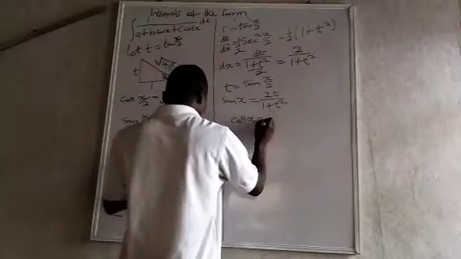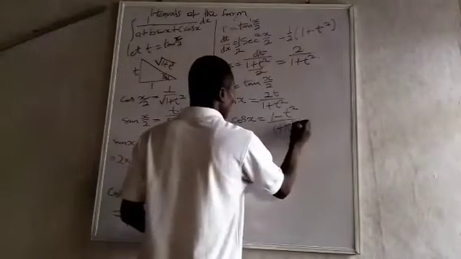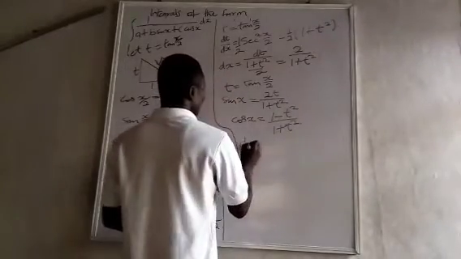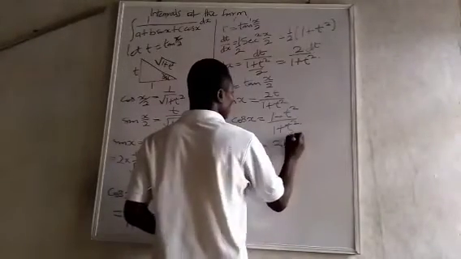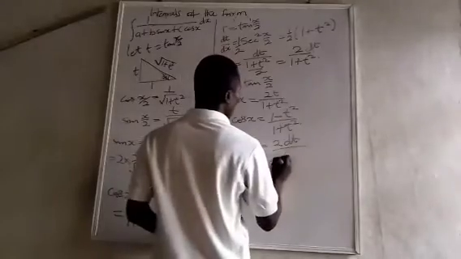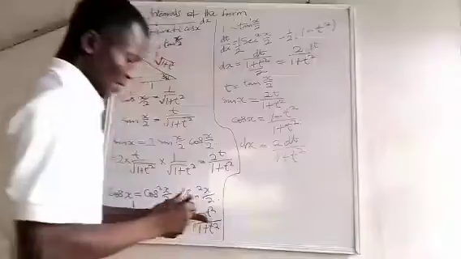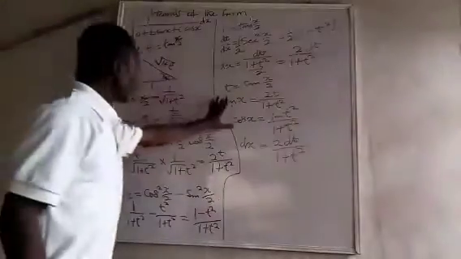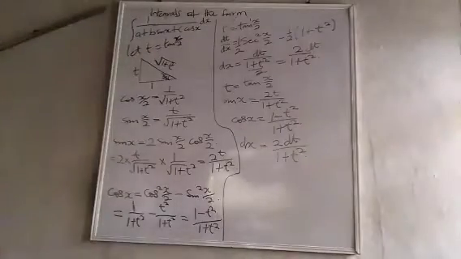Cos x equals 1 minus t squared over 1 plus t squared. And dx will be equal to 2 dt over 1 plus t squared. So you can see, with this now, we can easily work with expressions like this. So let's look at 1 or 2 examples.